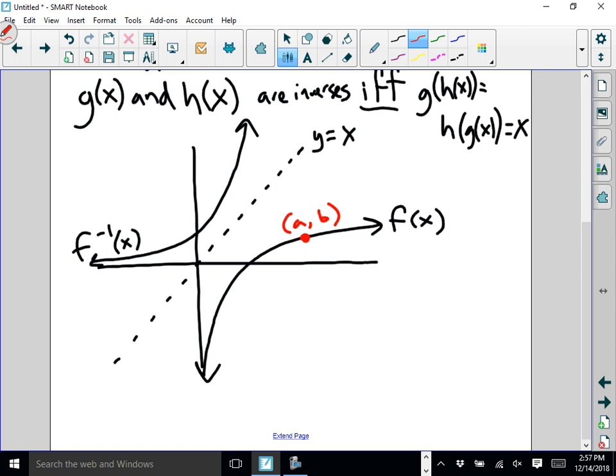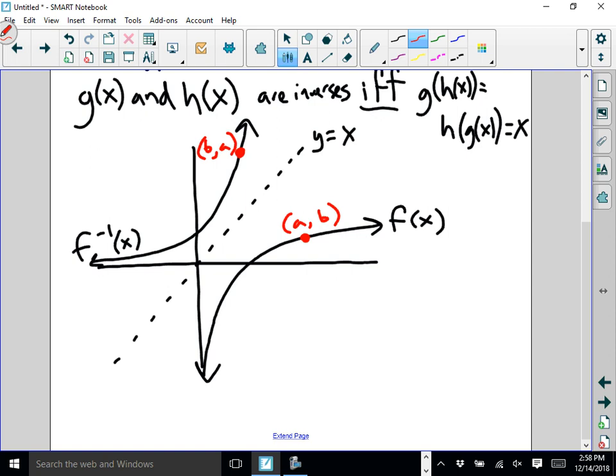So there's a point up here somewhere that is the point B comma A. Now the relationship we get with derivatives, slopes of tangent lines, has to do with the points that correspond like this. AB becomes BA. So maybe AB is 4,2. So if 4,2 is on f of x, then I know 2,4 must be on f inverse. That's how this works.